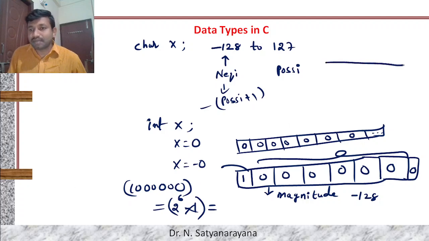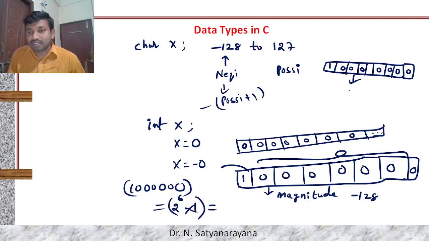So for negative numbers, all the bits are zeros, and the most significant bit is only one. In such a case this is taken as a special case, and the complete number of bits are taken as magnitude of the number, and the number is calculated, because one is there, then it will add the negative sign to that.